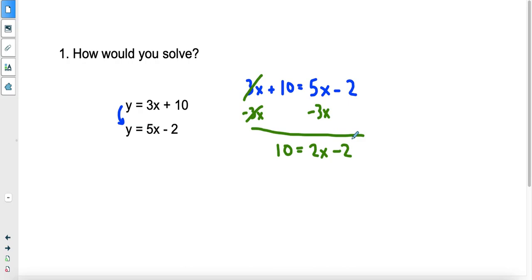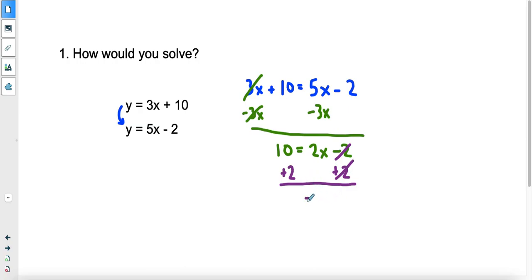Remember, to solve linear equations, we want to use opposite operations. And the opposite of subtracting by 2 is adding 2. So we can add 2 to both sides. 2 minus 2 is 0, so those cancel.